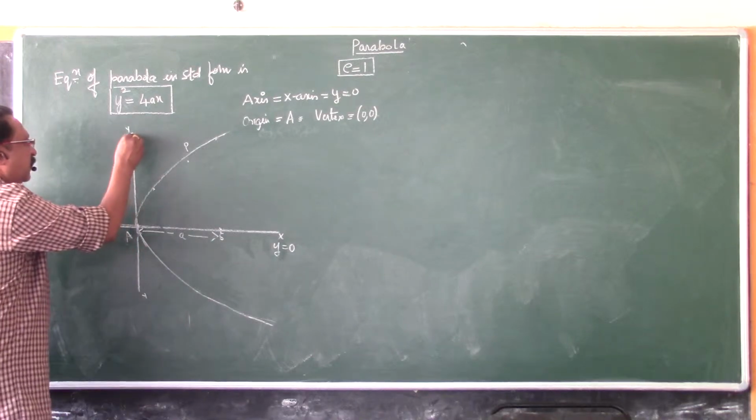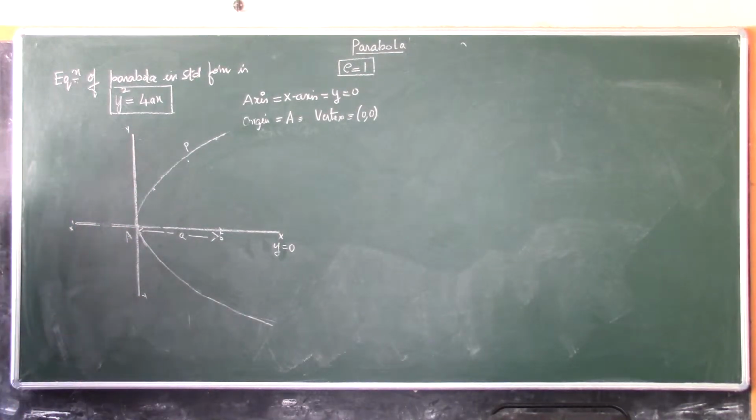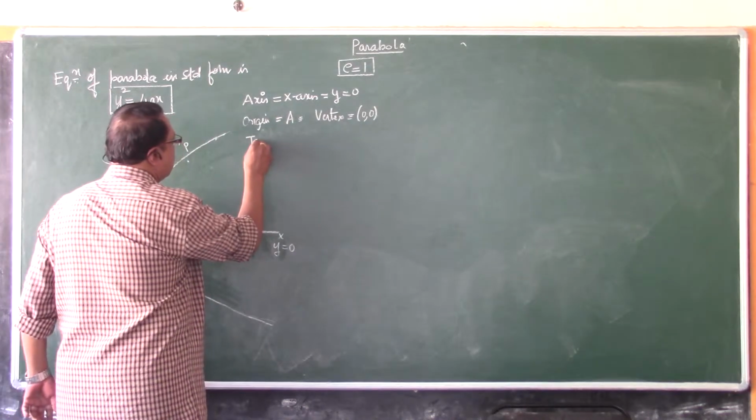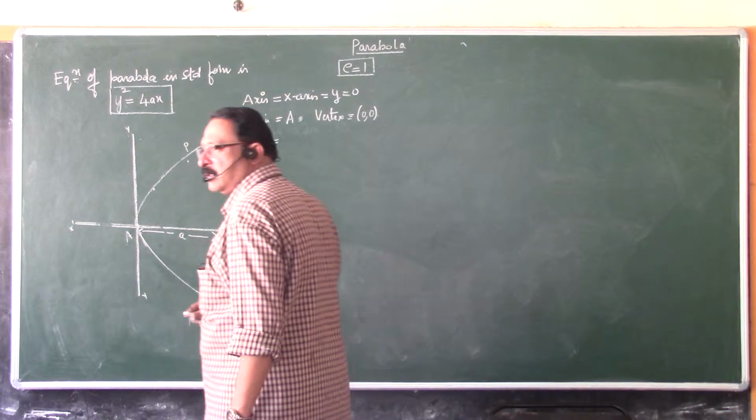Now if you look at the y-axis, the y-axis is playing the role of a tangent at the vertex. This is the vertex, and that is the point of contact. So what is the name of the y-axis of the parabola y square equals 4ax? Tangent at vertex. In short form, let us write it as TV. What is the TV of the parabola?